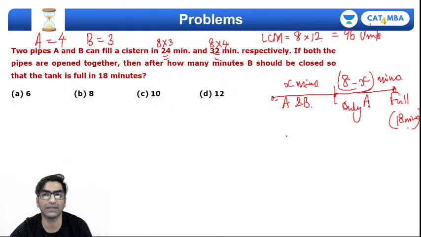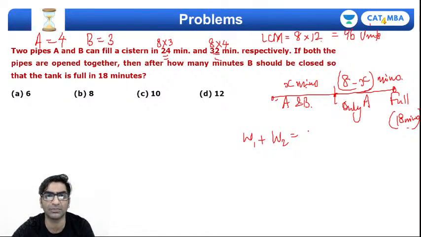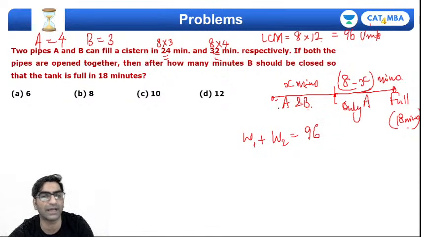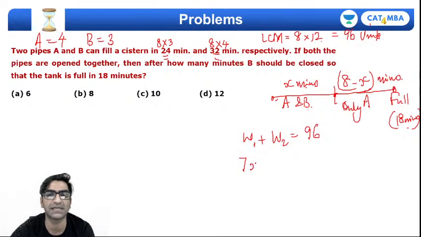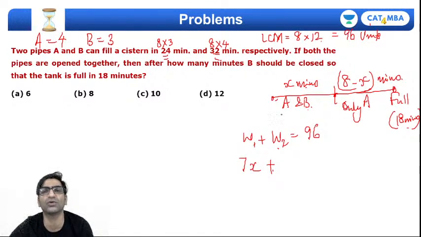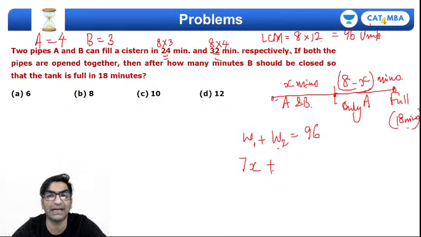Right? So what you can then do is you can say that the work done in the first segment plus work done in the second segment should be this 96. Work done in the first segment, A and B together work that. Right? So if A and B together work, rate will be 7, time is X. But in the second segment, B has quit. Right? So if B is closed, then A alone works at 4 units per minute for the remaining 8 minus X minutes, and this total should be 96.